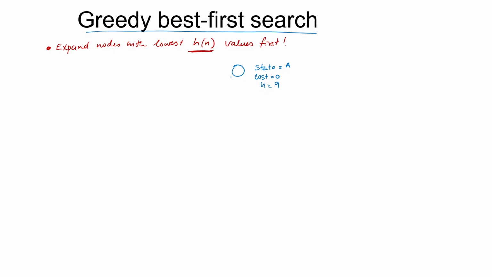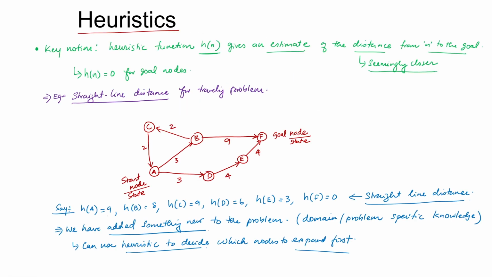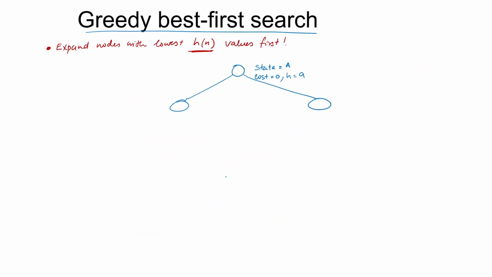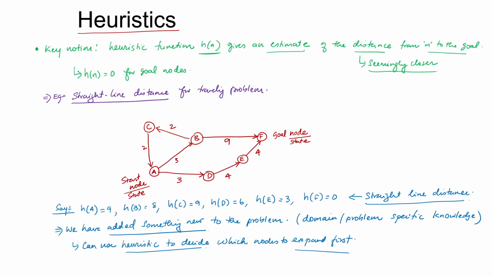Now from there you have two branches. Let me draw the branches like this. If you look at the network, you can see that it can go to B or D. So state equal to B, cost is equal to 3, H of B is 8.